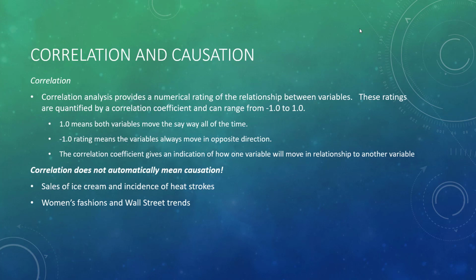The correlation coefficient gives an indication of how one variable moves in relation to the other. So going back to our boiling pot of water, if water is already boiling and I put it into a brand new pot and then continue to add heat, once water reaches a boiling point, it doesn't get any hotter, it begins to evaporate.